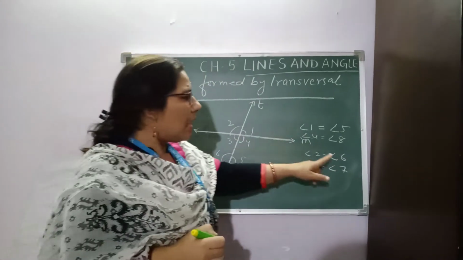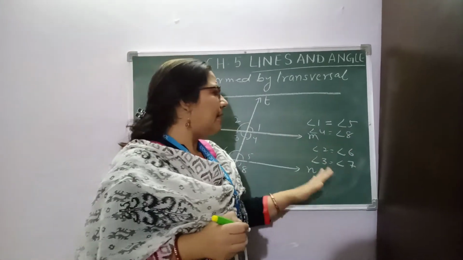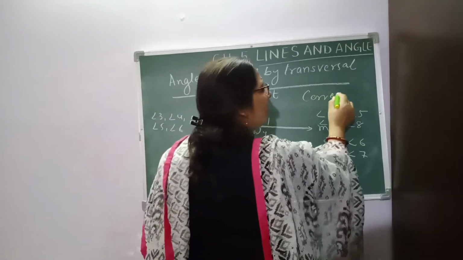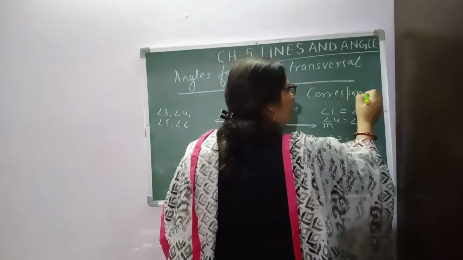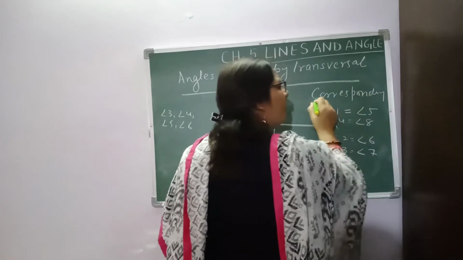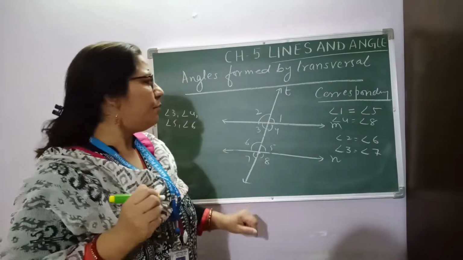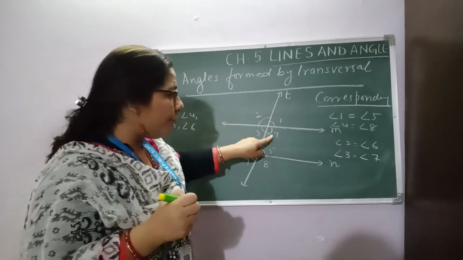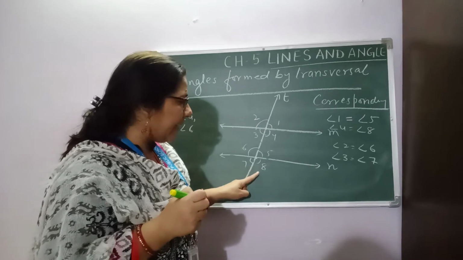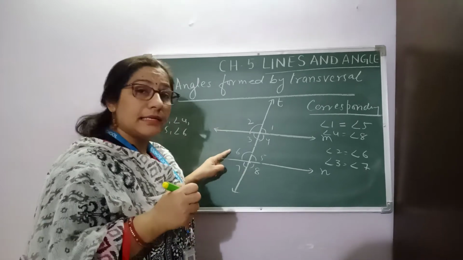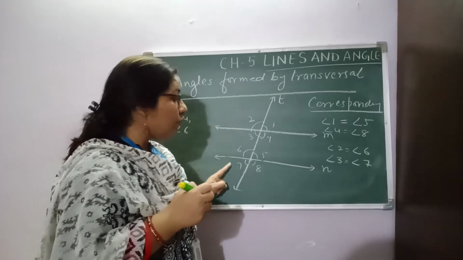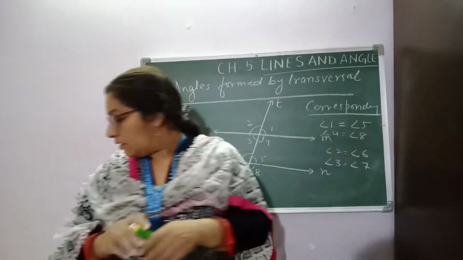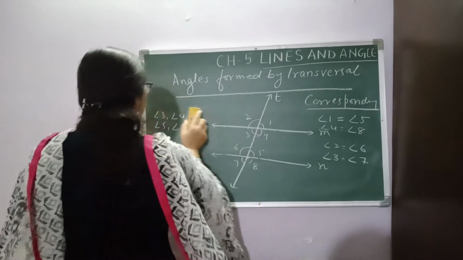These four pairs of angles are equal due to corresponding angles. So on behalf of the corresponding angles, we can prove angle 1 is equal to angle 5, angle 4 is equal to angle 8, angle 2 is equal to angle 6, and angle 3 is equal to angle 7. Now, next.